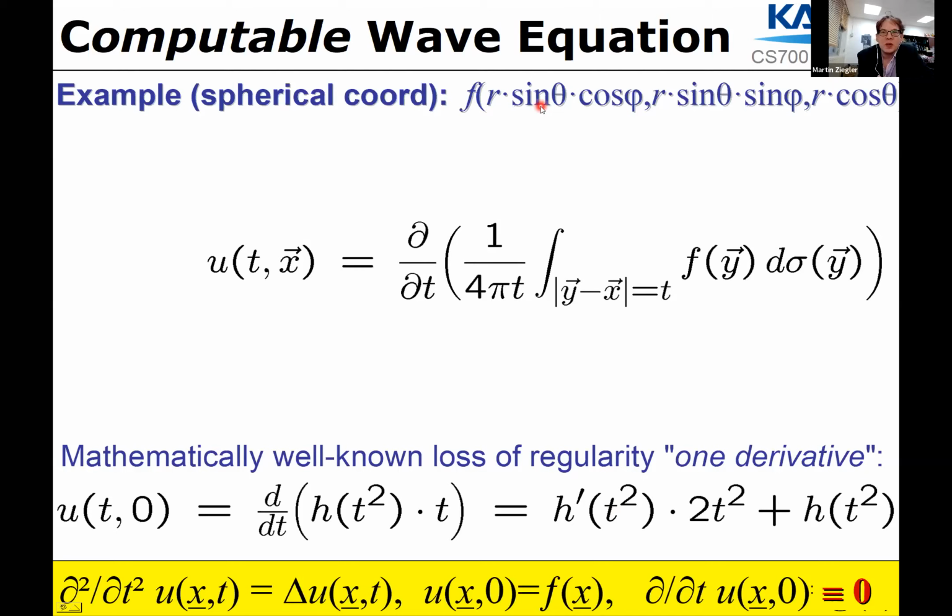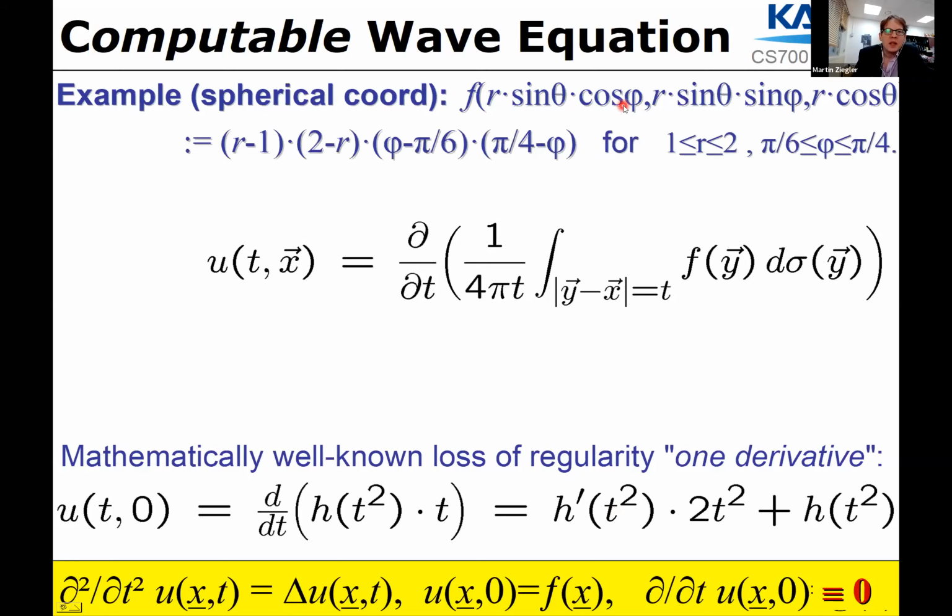More generally, we're now going to consider the case where it depends on the radius and on one of the two angles that define spherical coordinates. And we're going to consider this initial condition.